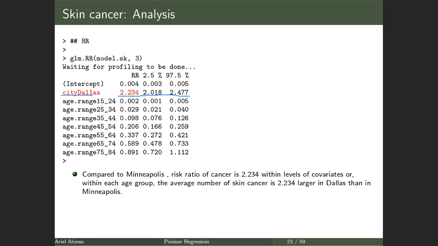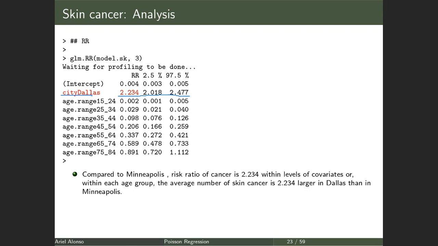Compared to Minneapolis, the risk ratio of cancer is 2.23, within the levels of the covariates. What that essentially means is that for each specific age group, the average number of skin cancer cases is about 2 times larger in Dallas than in Minneapolis.